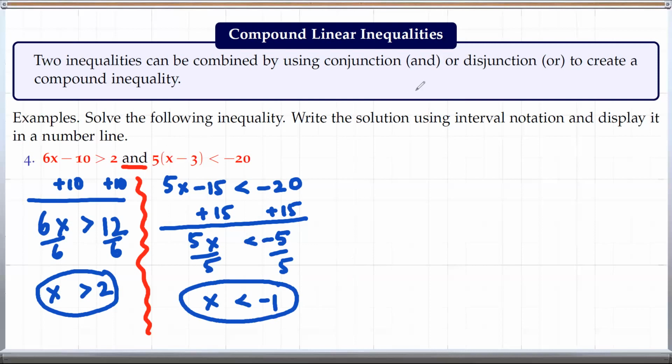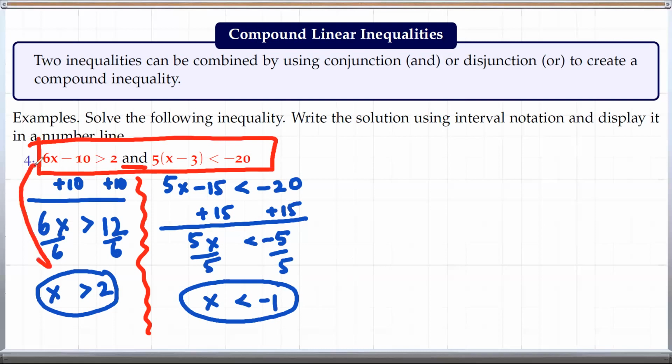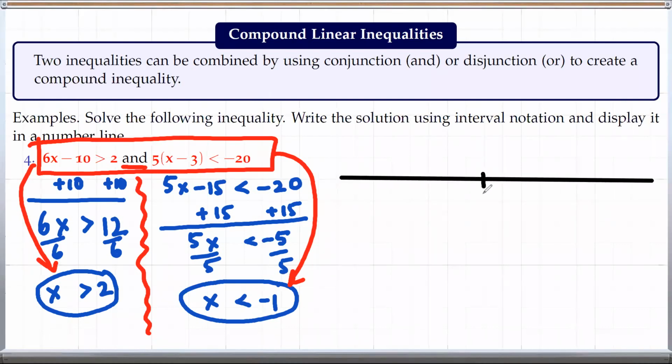So that means the solution to this compound inequality will be all real numbers that satisfy both of these, this one and that one. To figure that out, to look at the real numbers that satisfy both of these, let's draw a number line. Let's put both of them on a number line. So 0 is somewhere here, -1 can be here, and 2 can be somewhere over there.